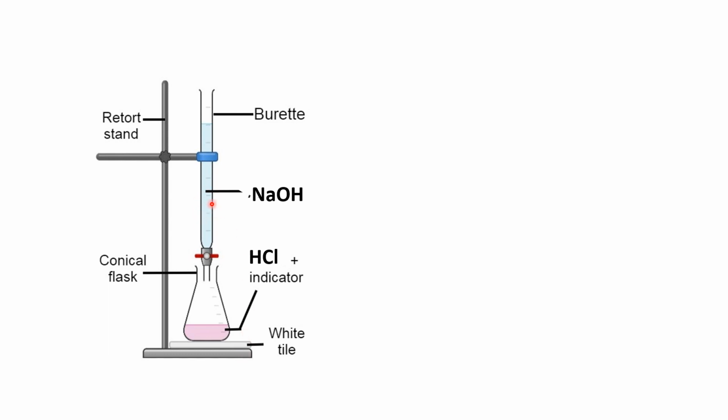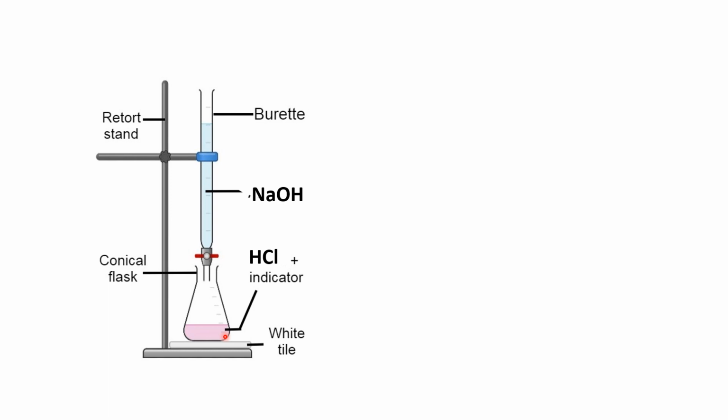So when I go on adding NaOH from the burette, HCl will go on getting neutralized. Drop by drop I add NaOH and drop by drop HCl will get neutralized. A point will reach where all NaOH will react with all HCl. So all HCl from the solution is being consumed, and at that point the solution pH is 7.